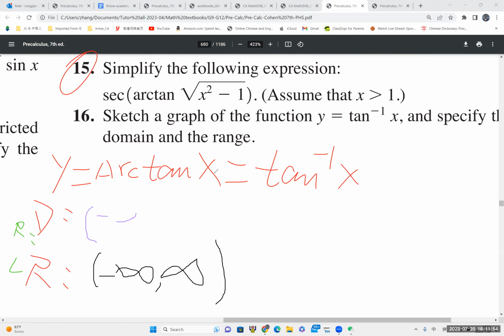So suppose the range is not correct. The range should mean some angle, right? Means angle.